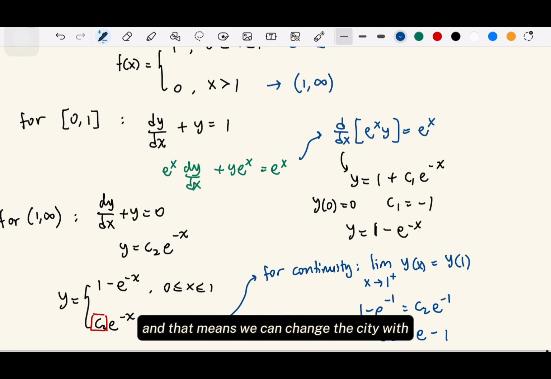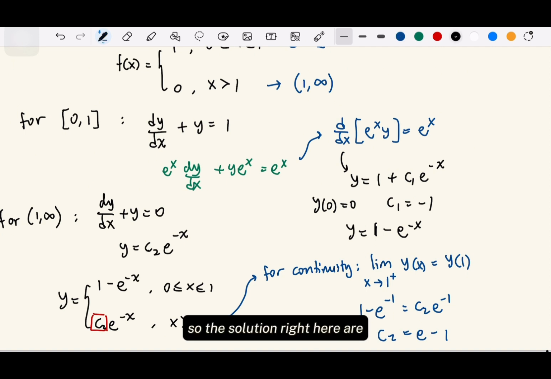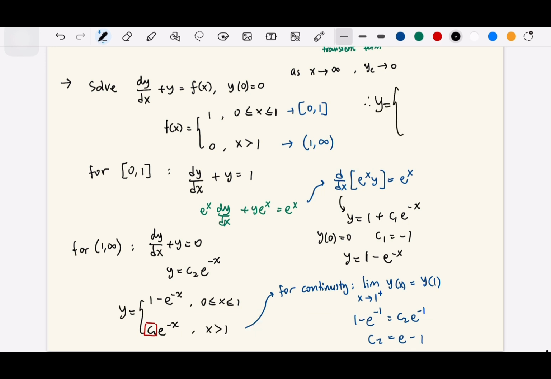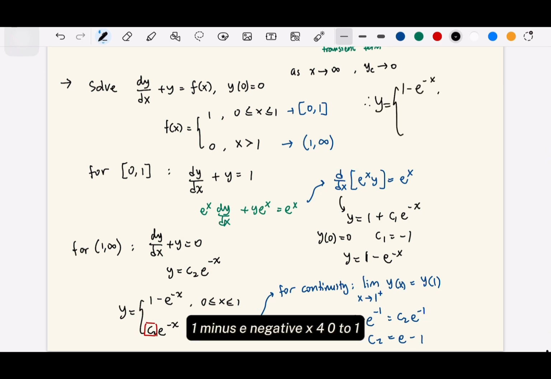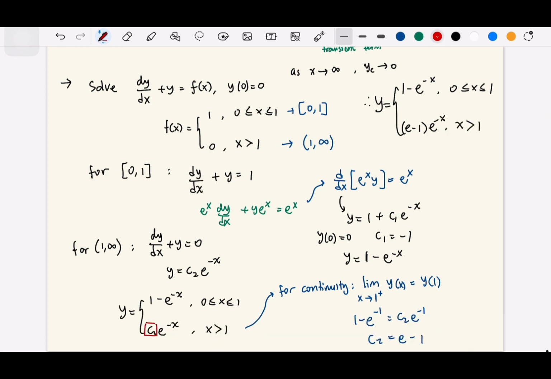That means we can replace c2 with e minus 1. Did you get the idea here? So the solution is 1 minus e^(-x) for 0 to 1, and (e minus 1) e to the power of -x for x greater than 1.